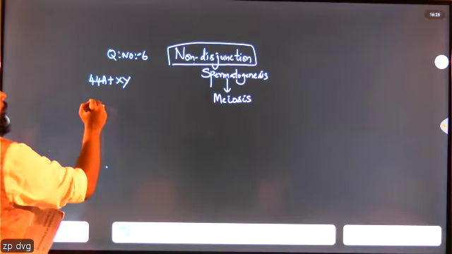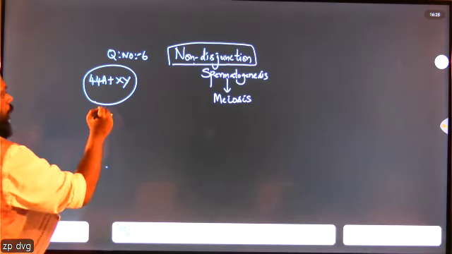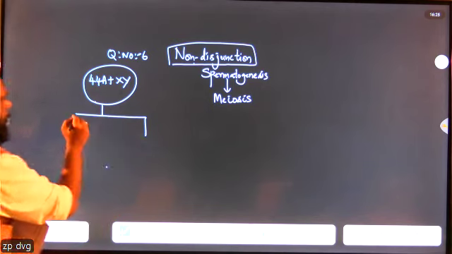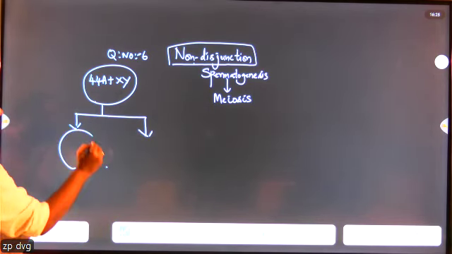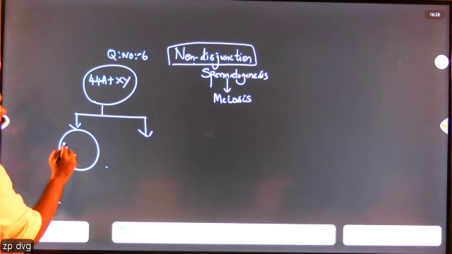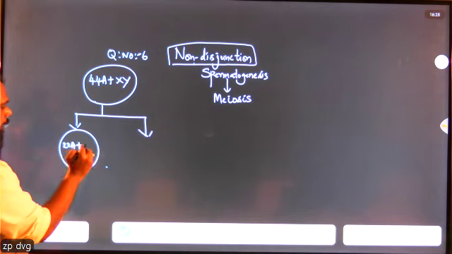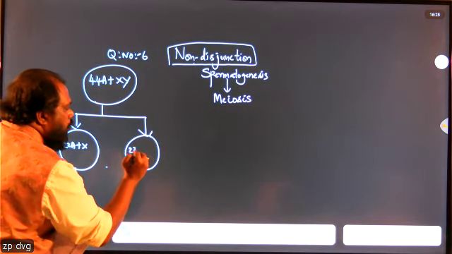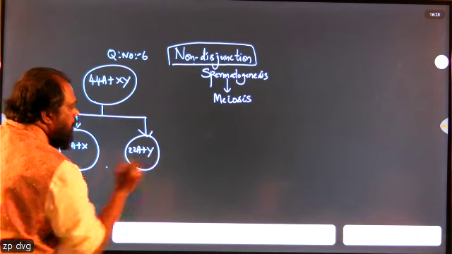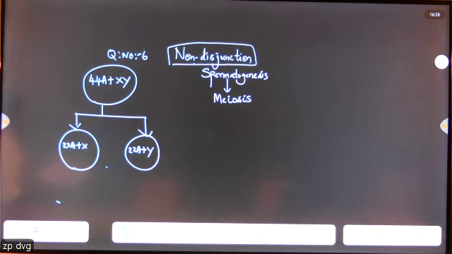Okay, now this is from one cell. Now, if this divides, listen carefully. One sperm should have 22A plus X. The other sperm should have 22A plus Y. This is correct spermatogenesis.